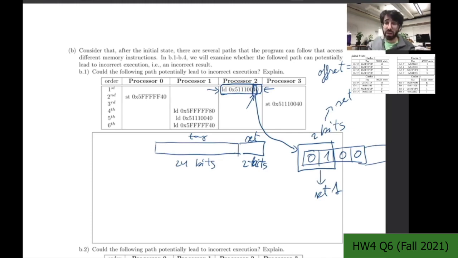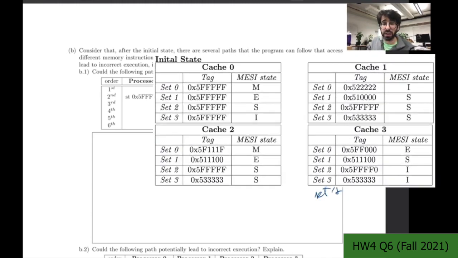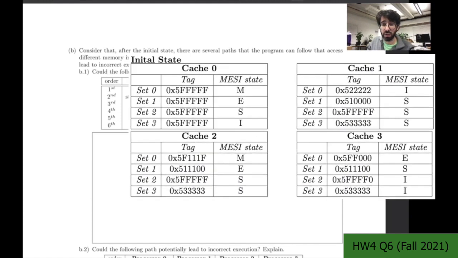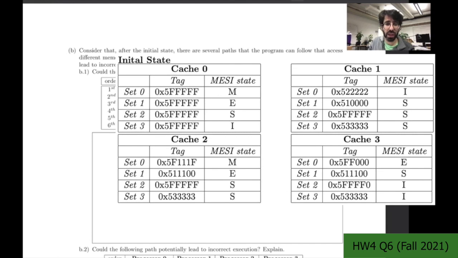Okay, let's check. So set 1, and we are accessing in processor 2. So basically we're accessing the cache line that is affected by the cosmic rays, right? So we are reading this line here that is in exclusive state.